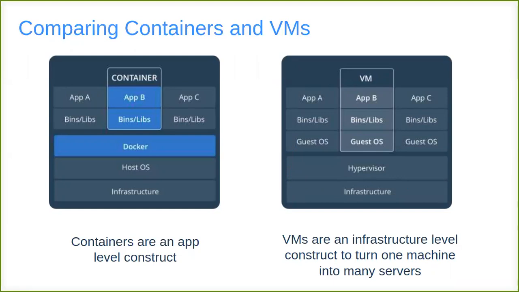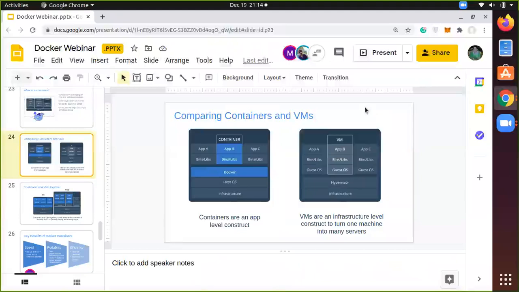There's another question: what is a hypervisor? I think it's part of virtualization. A hypervisor is a technology with which we can launch virtual machines. Previously, we would have only physical machines.